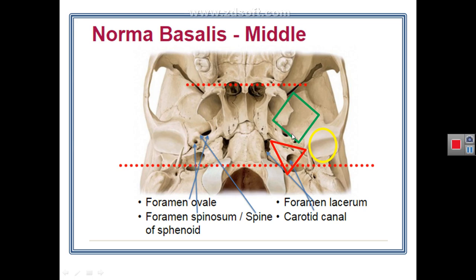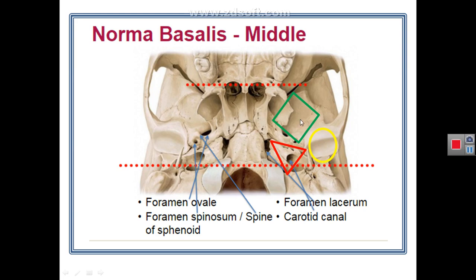So along the posteromedial border of the diamond, the infratemporal surface of the greater wing of the sphenoid, is the foramen ovale anteriorly, and behind it and laterally the foramen spinosum. The apex of the diamond posteriorly is related to the spine of the sphenoid. Now I will talk about the circle.